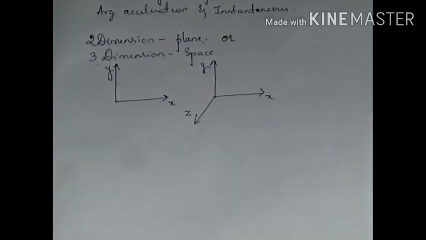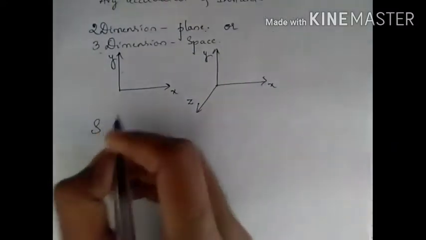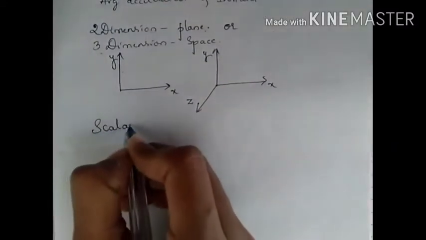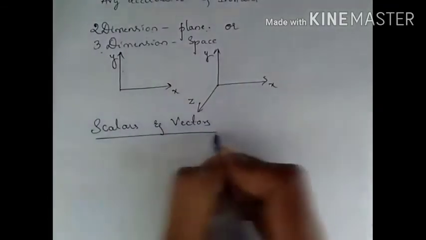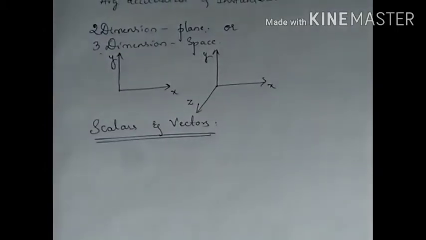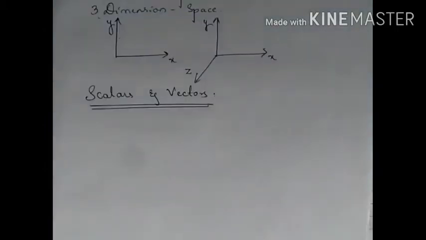The first concept in this chapter is scalars and vectors. What are the examples of a scalar? A scalar is a physical quantity which has only magnitude but no direction.